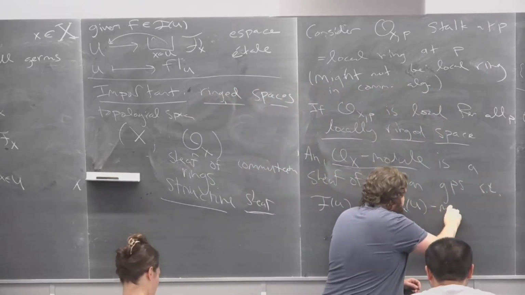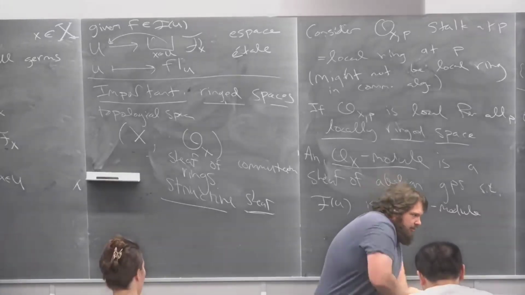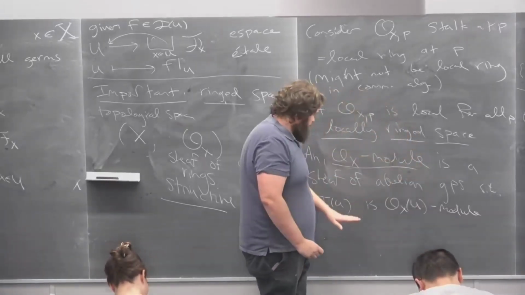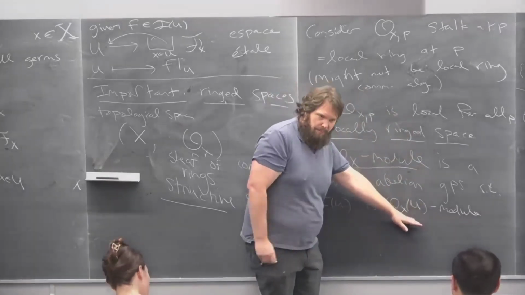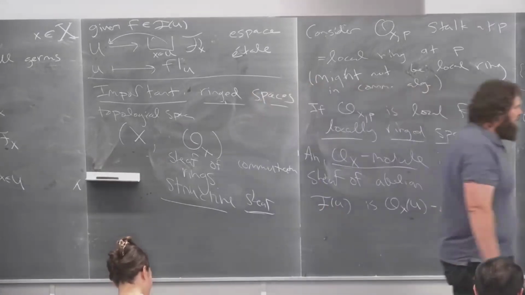So for every open subset, I get a commutative ring. And so I can look at sheaves which, on each open subset, are a module over that commutative ring. And this is very geometrically natural.